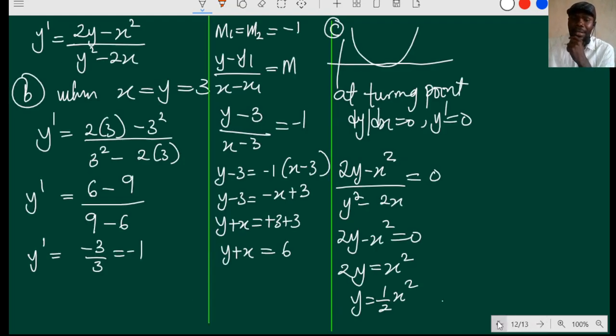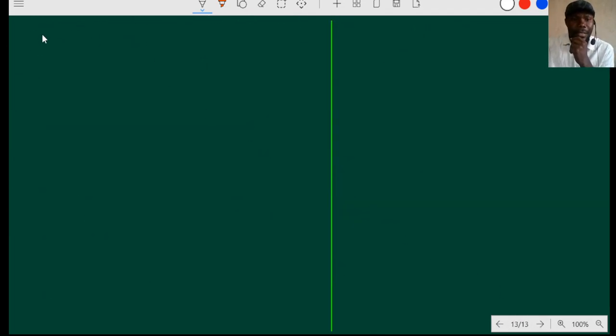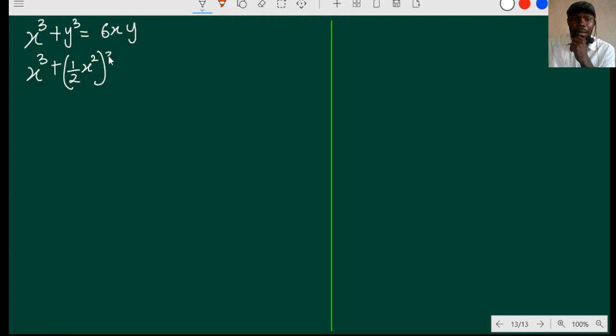If our y is half of x squared, let's remember the equation. The equation is x cubed plus y cubed is equal to 6xy, and we now know the value of y. So we have x cubed plus (half of x squared) all raised to power 3 is equal to 6x times half of x squared. Let's continue manipulating this.